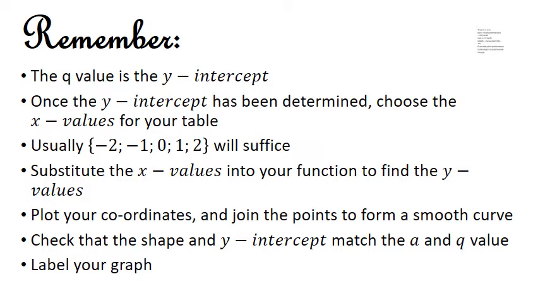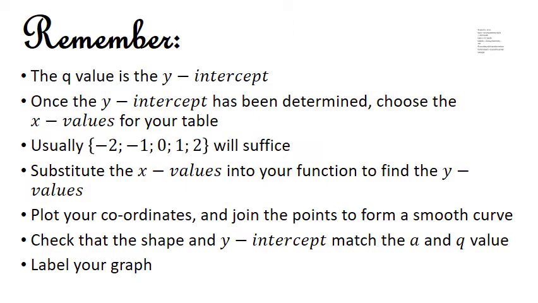If your a value is 2 or 3 or 4, your parabola should be steeper. If your a value is a smaller number, so 1 or a half or a third, you should see that your parabola is flatter. And then when I talk about the q value, I mean your y-intercept. You make sure that the graph cuts at your y-intercept, which is your q value.